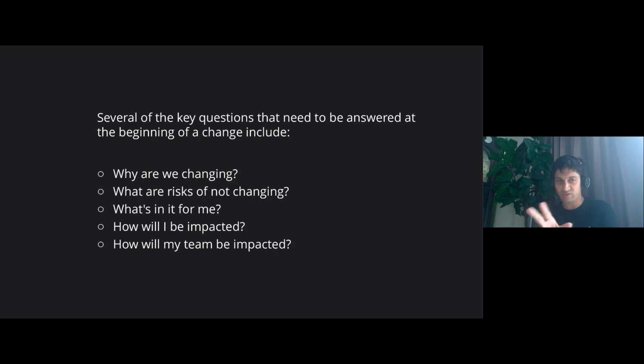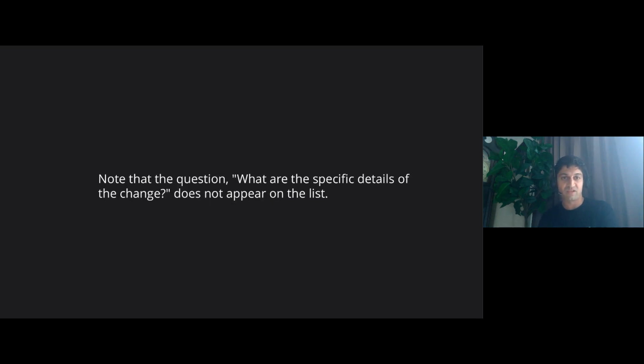But if you notice one thing, there's one question that's completely missing from this list, which is, what are the details of the change itself? I just wanted to leave you with this thought. Very often we focus on the specific details of the change, that here's what's changing, here's how you do it, and so on.